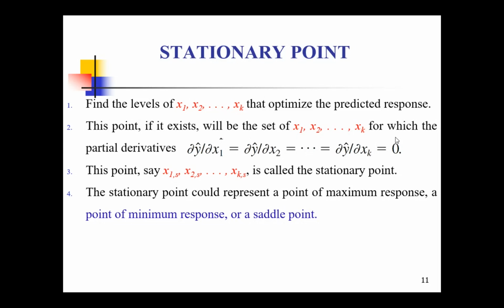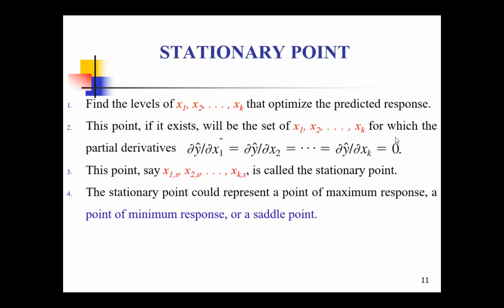So we have to find the levels of x1, x2. x1, x2 and xk are nothing but the input parameter values that optimize the predicted response. If the partial derivative is 0, then the point is known as the stationary point.